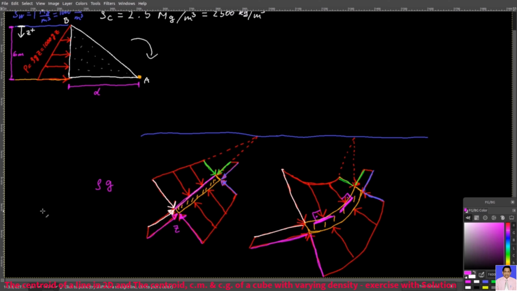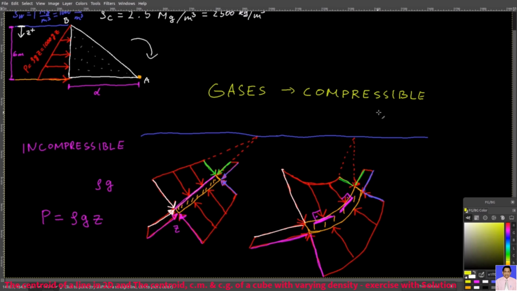Note that this law, P equals rho gz, is only valid for incompressible fluids. Gases, on the other hand, are compressible fluids. Their density changes significantly with pressure. If you remember, we had an exercise about a hot air balloon, and we had something called an equation of state, P equals rho RT, and so your density could be written down like this.